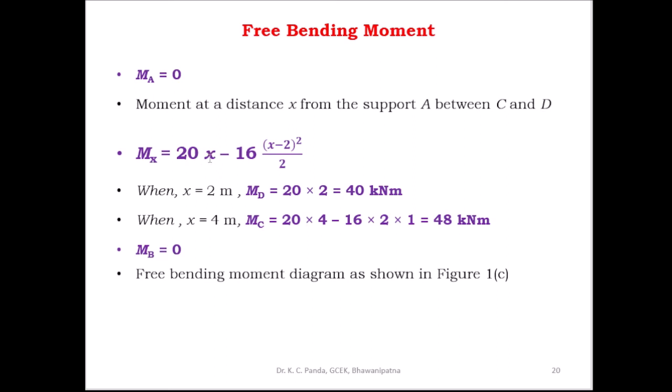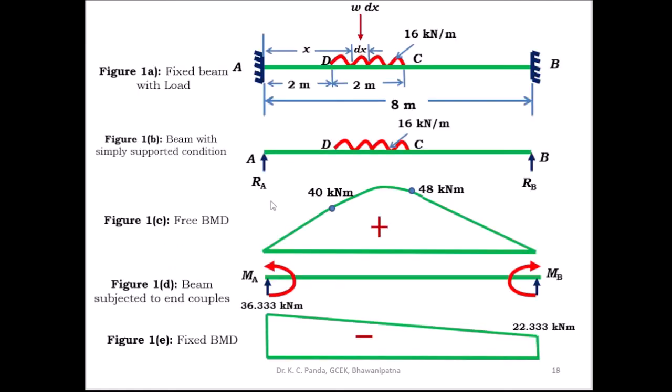This is RA, 20 into x, minus 16 into x minus 2 into x minus 2 by 2. This is the moment at a distance x from the support A. Putting x is equal to 2 meter, you get the moment at D, and putting x is equal to 4 meter, you get the moment at C.